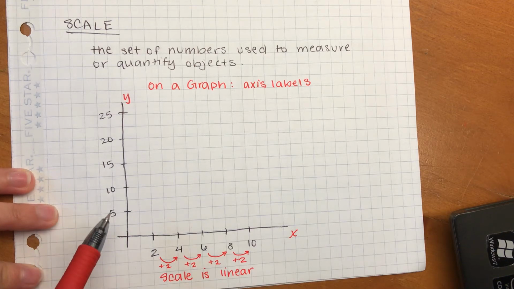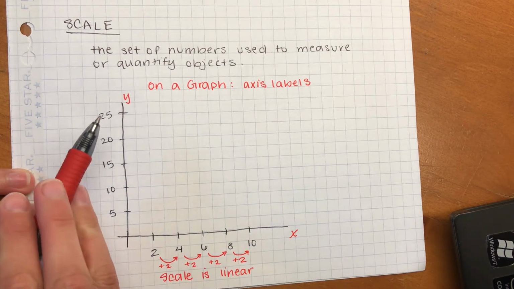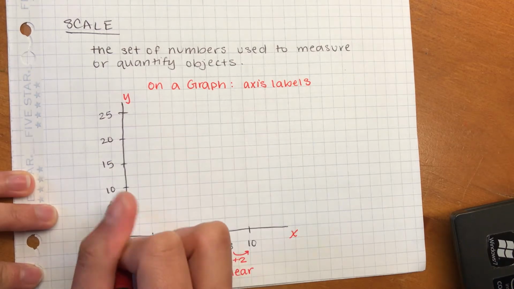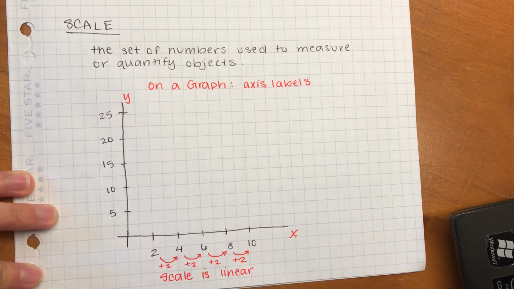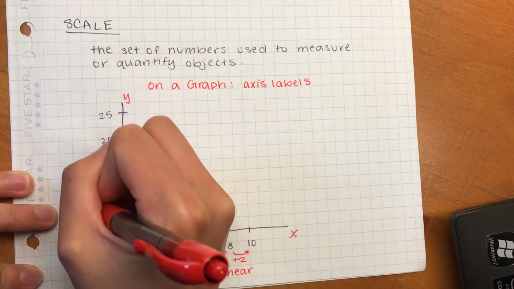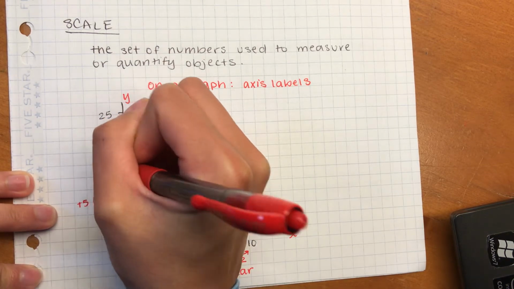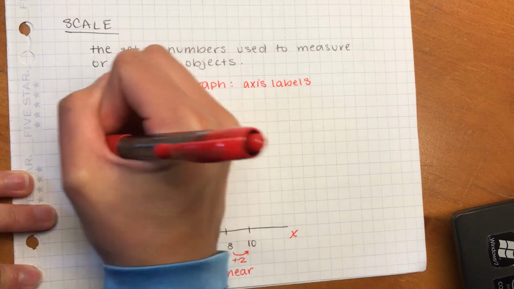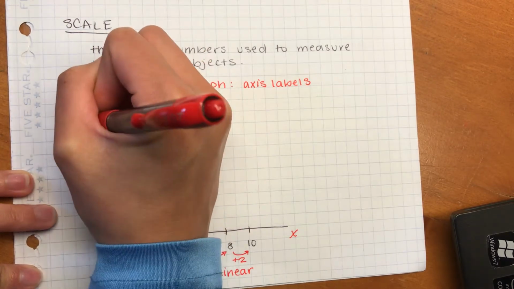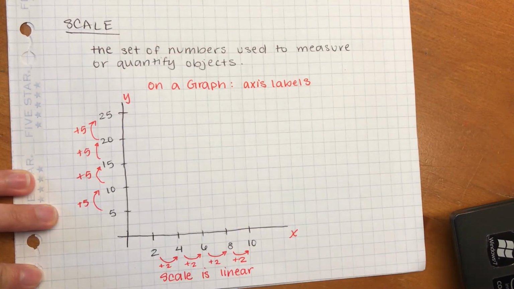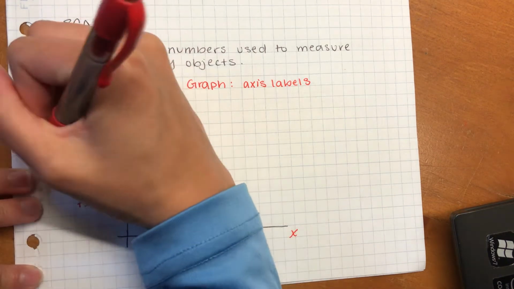On my y-axis, as we go up from 5, 10, 15, 20, 25, we are again adding a constant each time, plus 5, plus 5, plus 5. So we have a linear scale again.